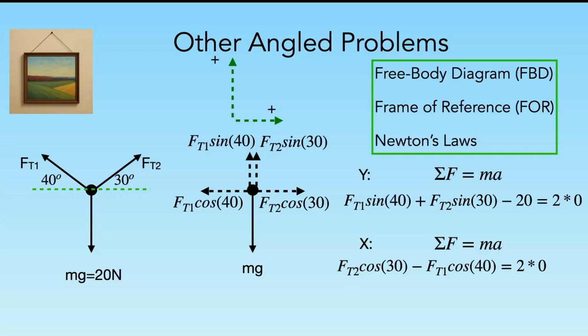Mass times no acceleration. Two equations, two unknowns. I'm not going to go into that because it'd be really messy looking. But what you can do is substitute the actual number for sine of 40 and sine of 30 and cosine of 30 and cosine of 40, and you've got a system of two equations, two unknowns. Okay.